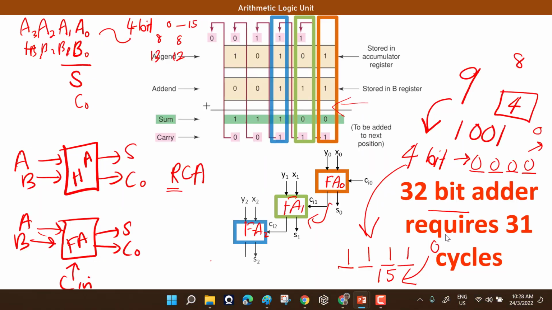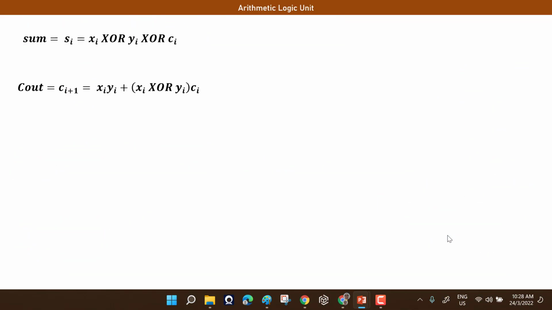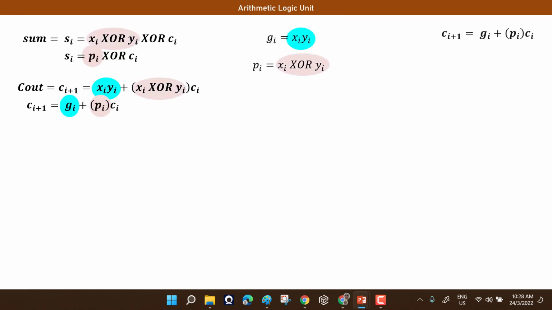So how do people tackle this, or how do we eliminate or reduce this? By using prediction, which we call look ahead. Why is it look ahead? Because there is a prediction of what can happen or what should happen. Now the concept here is like this.